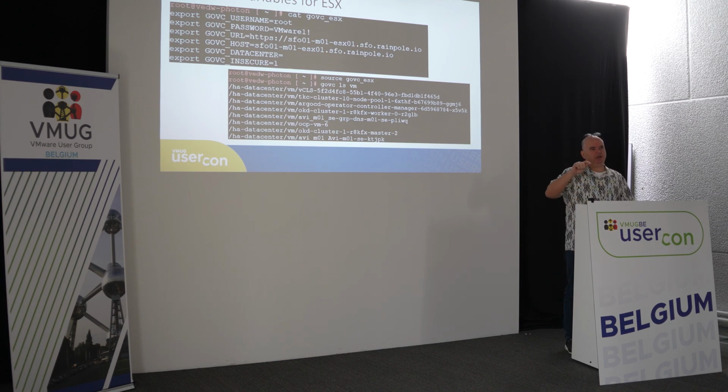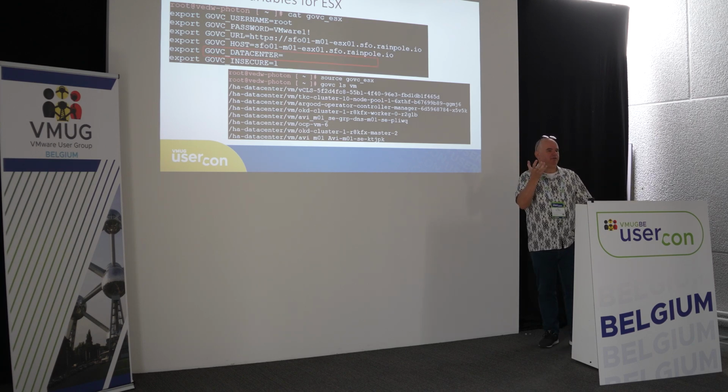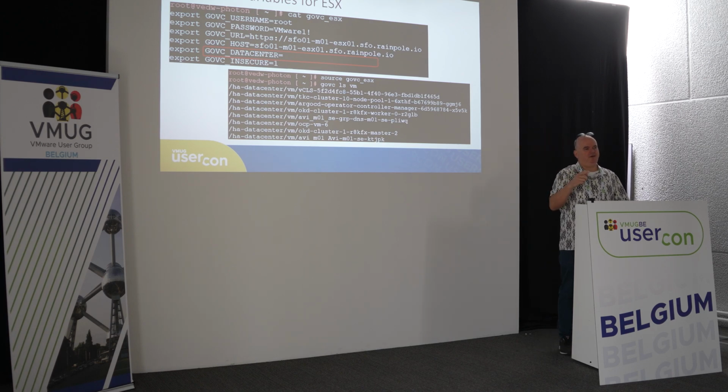As I'm addressing an ESXi host, it's important to know that there is no concept of a data center object, right? So we need to clear that. Otherwise, govc is going to try to query the data center, and there is none, so it goes like, I don't find that data center there.